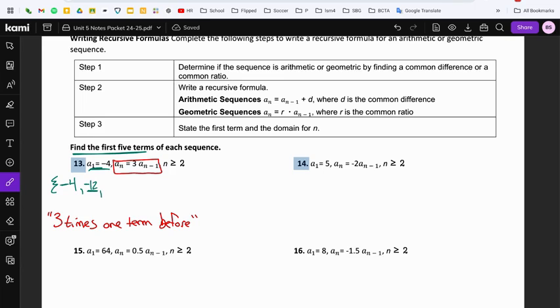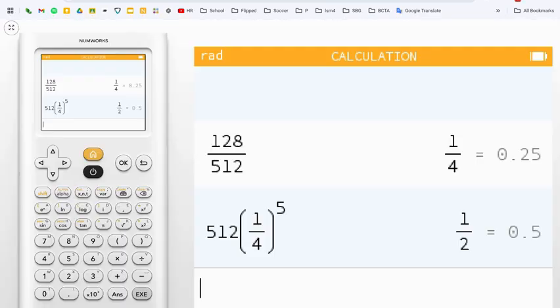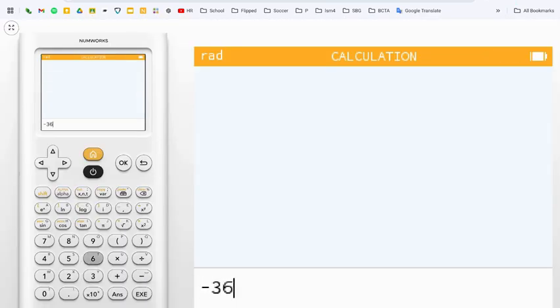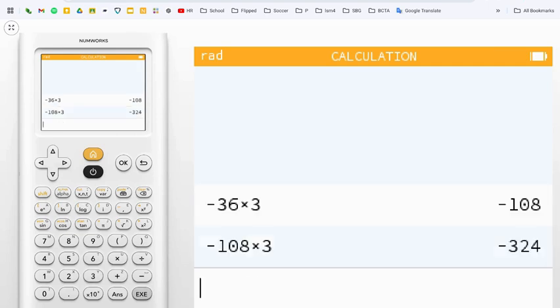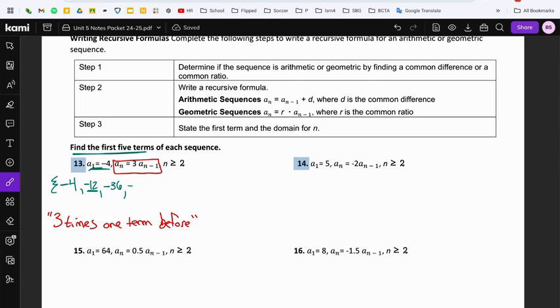To find my third term, I take my term before, my second term, multiply by 3, I get negative 36. And we can keep doing this, multiply by 3, and keep going, but I don't need to keep going. Negative 108, negative 324. Those are fine. Those are my first 5.